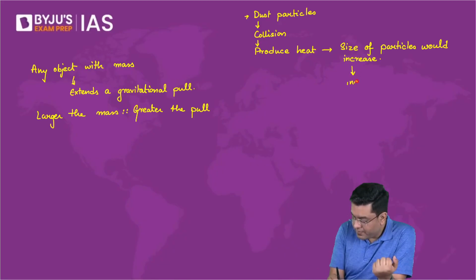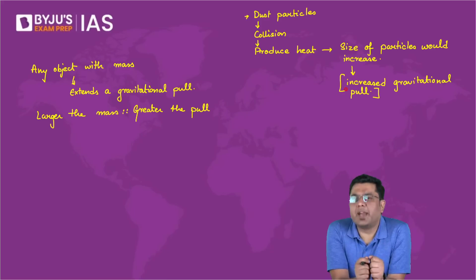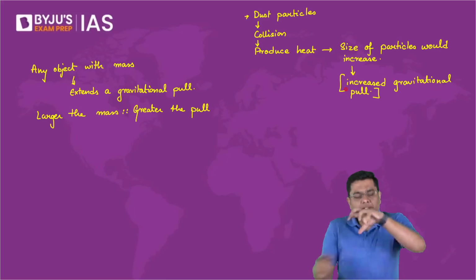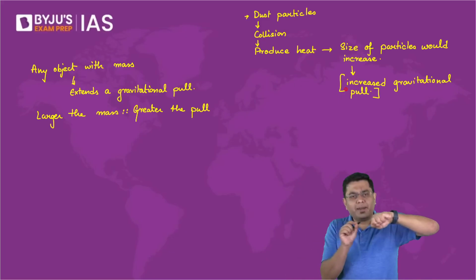Increased gravitational pull. Now, when you have increased gravitational pull, imagine a larger object is moving by, and you have smaller dust particles.